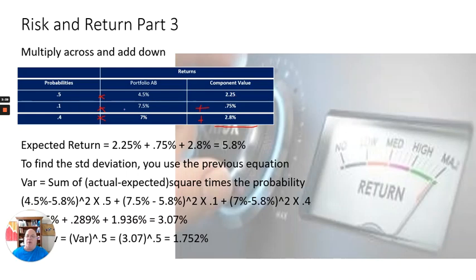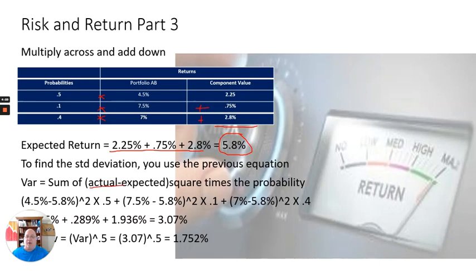And if you take 0.1 of 7.5%, you have 0.75. And then you have 0.4 of 7%, you have 2.8. When you take those together and you add them up, you now have an expected return of this portfolio of 5.8%.